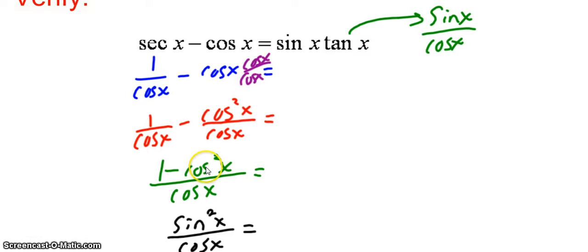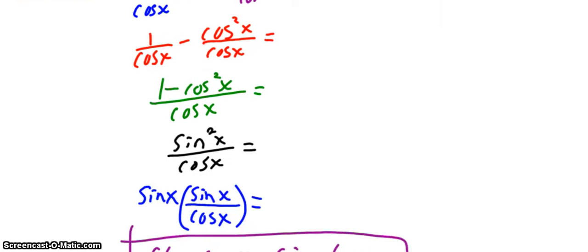1 minus cosine squared of x is conveniently my Pythagorean identity, which is sine squared of x over cosine of x. And now I might ask myself, how do I change that into sine of x times tangent of x? Just split up sine squared of x, right? If I have x squared, I know that that's just x times x.